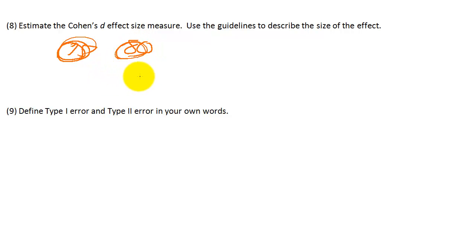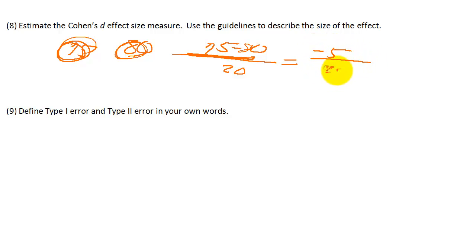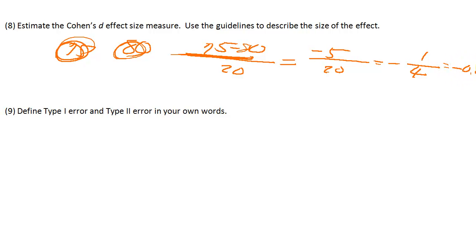So 75 minus 80 is minus 5, divided by the standard deviation of 20, which is minus 0.25.